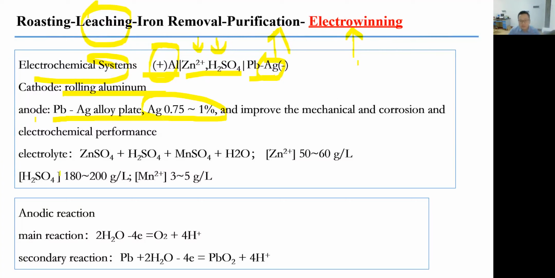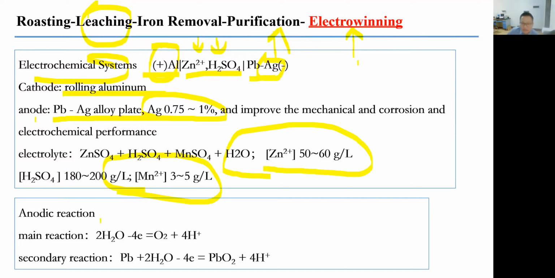We control the acidity as well, around 2 molar sulfuric acid, and the zinc content in the solution is around 1 molar, and we have some amount of manganese in the solution.